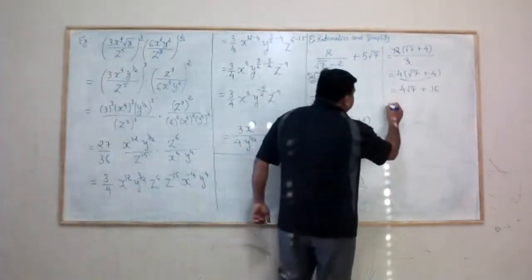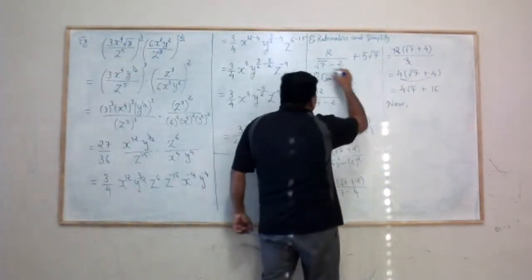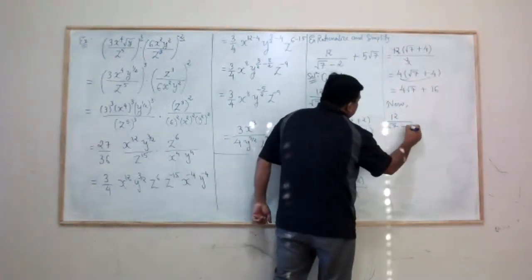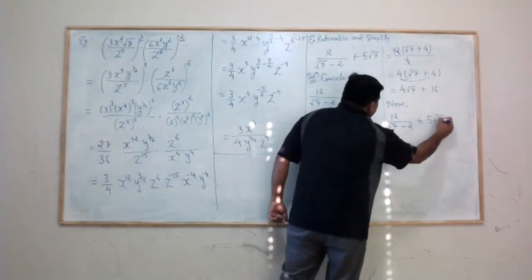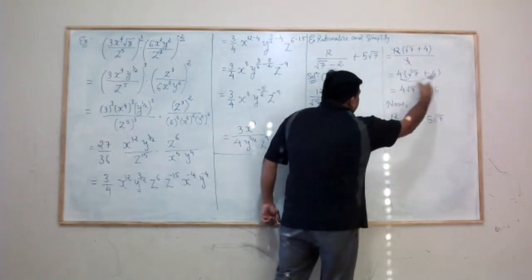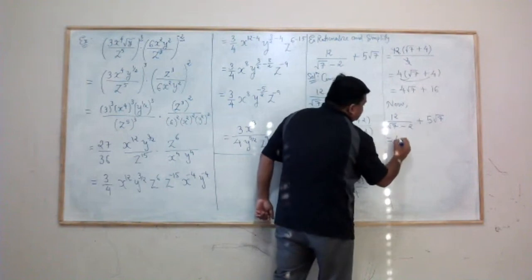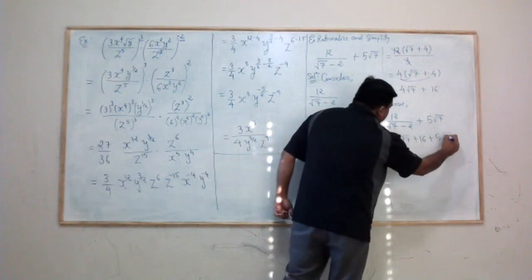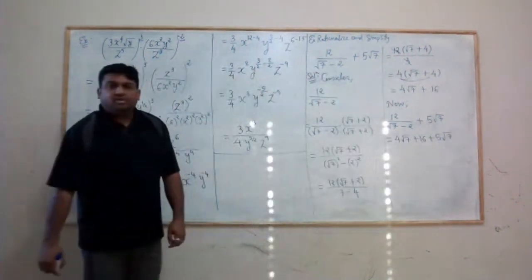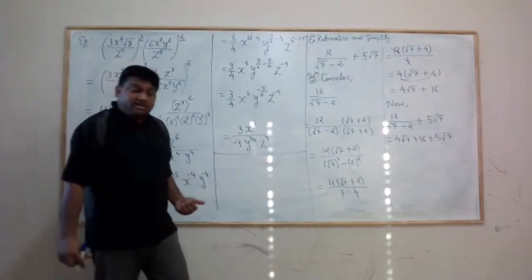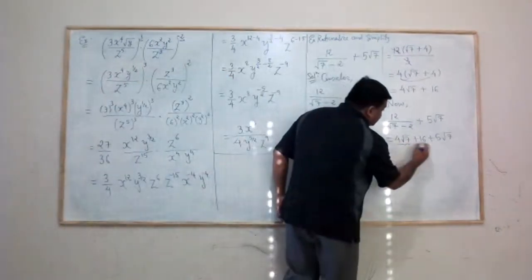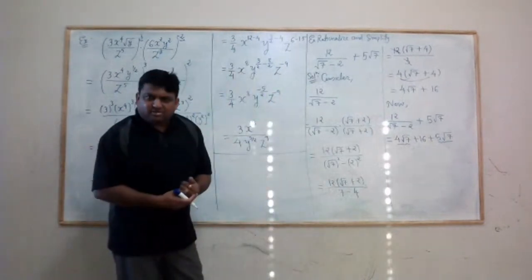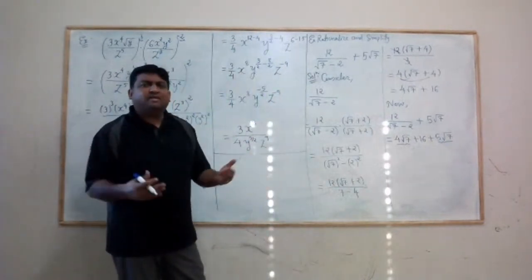Now I will go ahead and simplify this two-term expression. Now 12 over square root 7 minus 2 plus 5 square root 7, I'm going to replace that first term by its rationalization, 4 square root 7 plus 16, and the second term is still 5 square root 7, right? Now simplify the like terms. Look, I have 4 square root 7 plus 5 square root 7. Add them how you add like terms. 4x plus 5x, how do we add them?